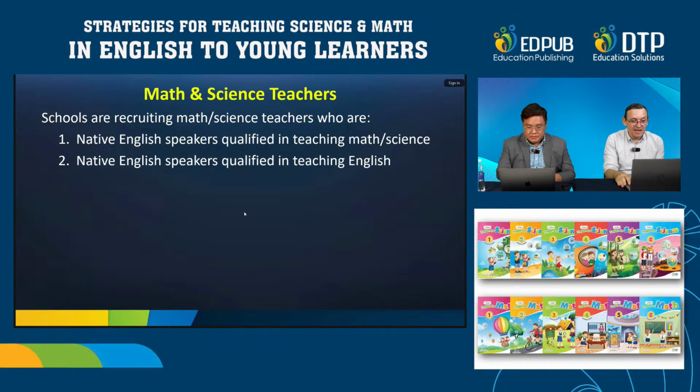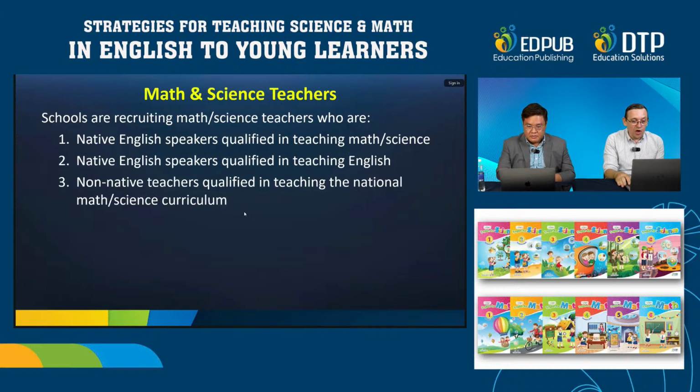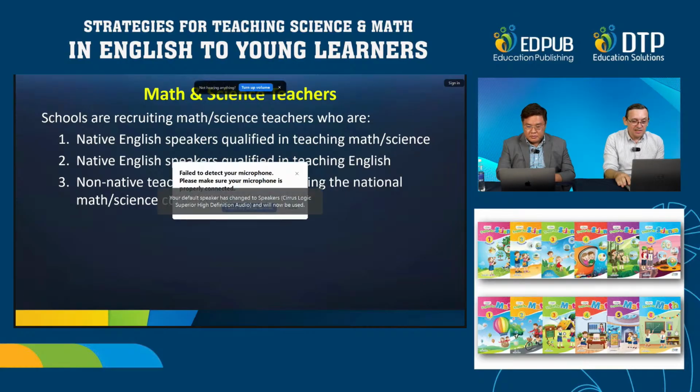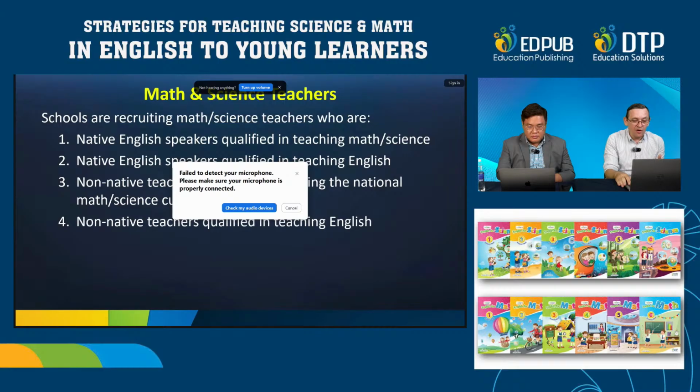We've got native English speakers qualified in teaching English. We've got non-native teachers qualified in teaching maybe the national math and science curriculum in their own language. And then we've got non-native teachers qualified in teaching English. There is one more category: unqualified teachers as well. So, which teacher are you?